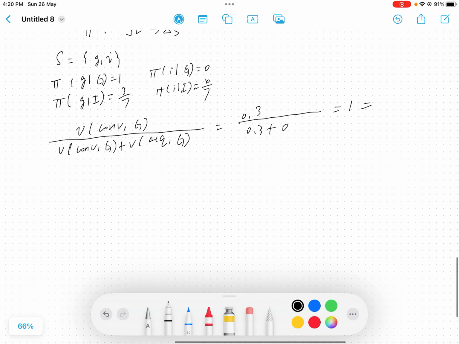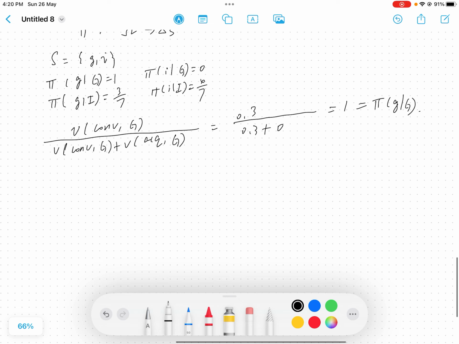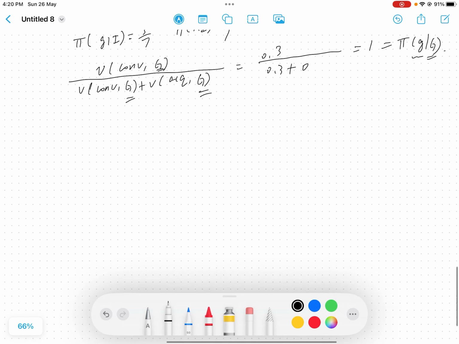And this is 1, which has to be the same as the pi GG, right? Okay. So if there's the recommendation g, then under the G state, the outcome is convict, right? Because of the guilty. Okay, so that's the first part.